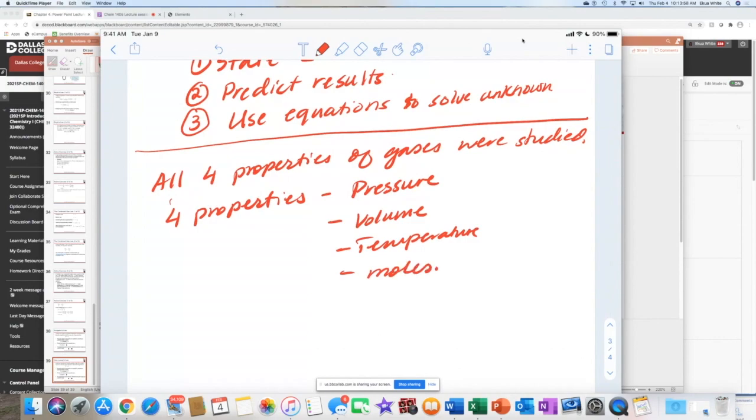Moles is essentially just another word for amount of gas. Do we have a lot of gas? Do we have less? These four properties of gases were being studied at the same time, and scientists noticed that they affect each other. It's hard to look at pressure by itself without considering volume, temperature, and the amount of gas.